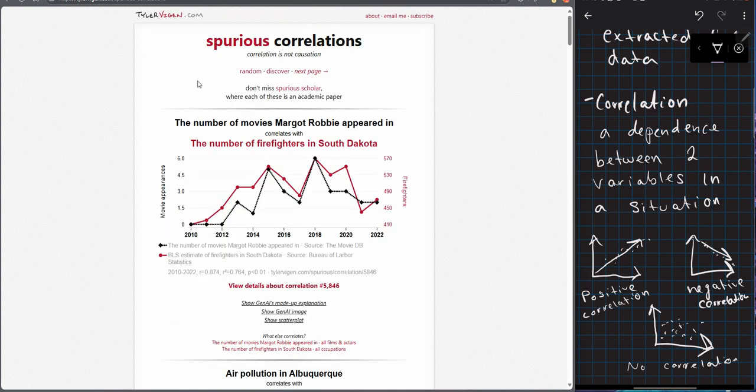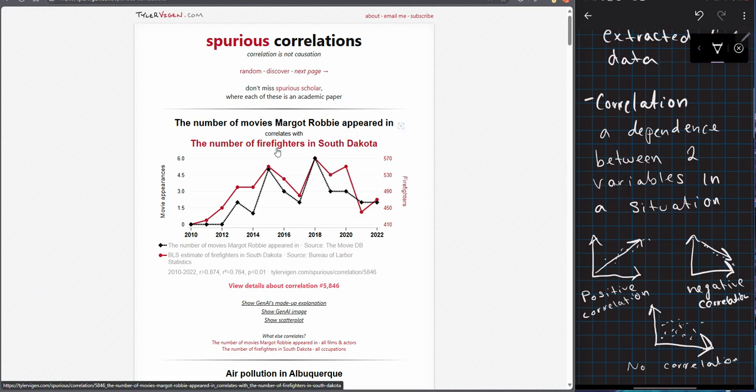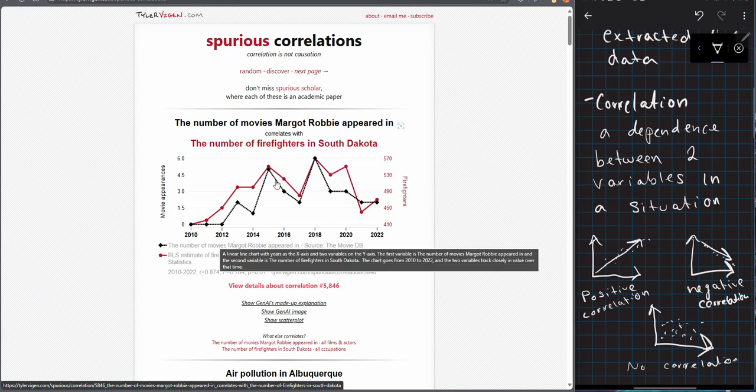And I think if you click on this, it gives you more. So the number of movies Margot Robbie appeared in, and the number of firefighters in South Dakota. For some reason, they have a very similar correlation. It goes up right here, then down, then up, then down.